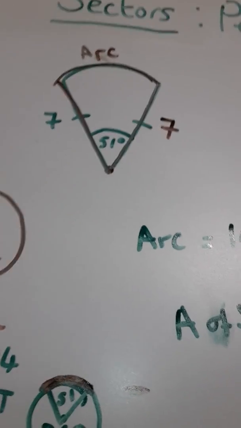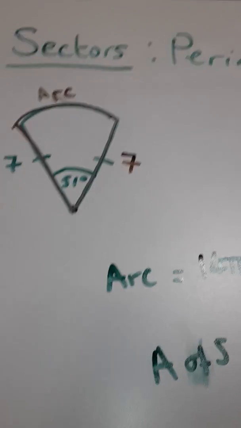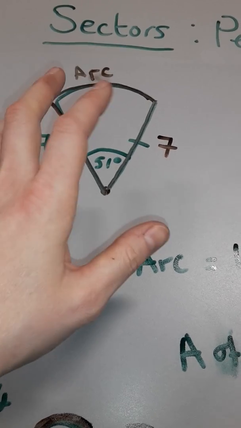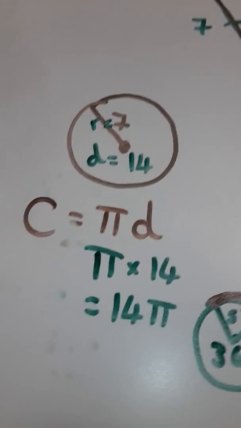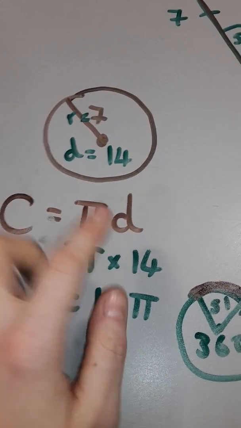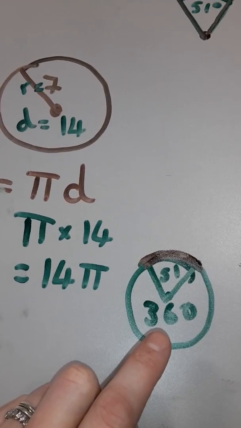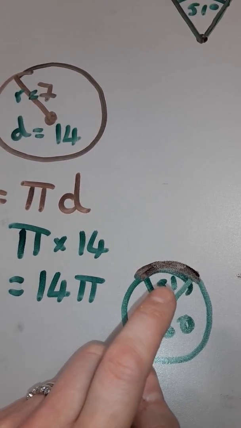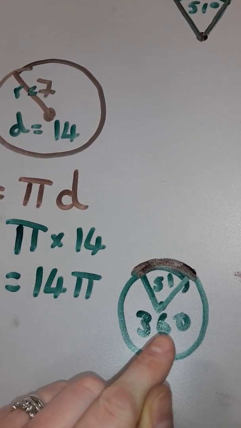So just to recap, if you're working out the perimeter of a sector, just remember you don't just calculate the circumference, you need to close the shape. Calculate the circumference of the entire circle, and then calculate the proportion that you need by multiplying it by the amount of degrees you have, and then divide it by 360.